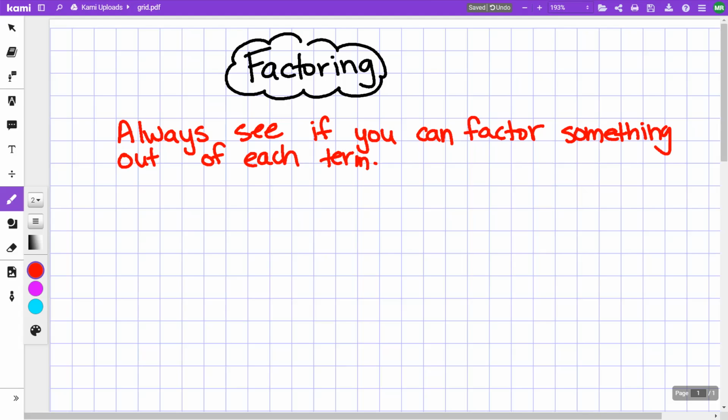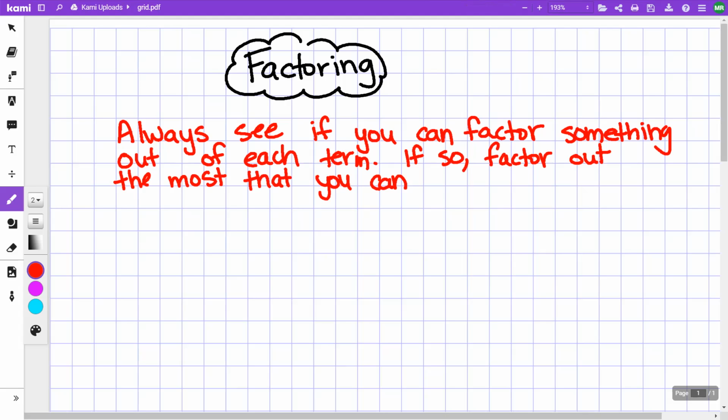If so, you want to factor out the most that you can, which we call the greatest common factor.